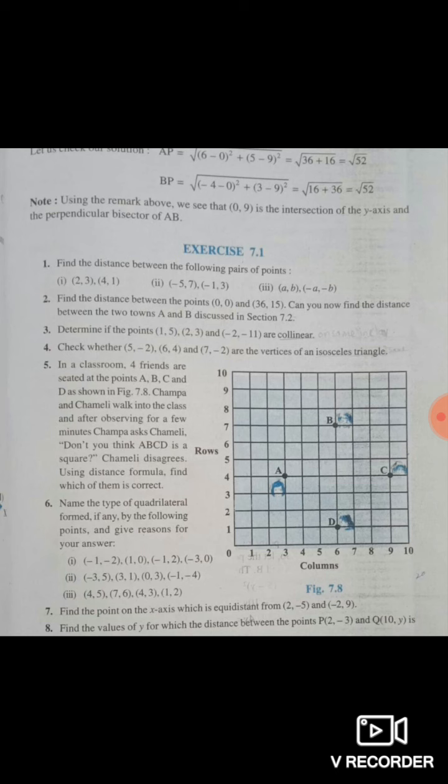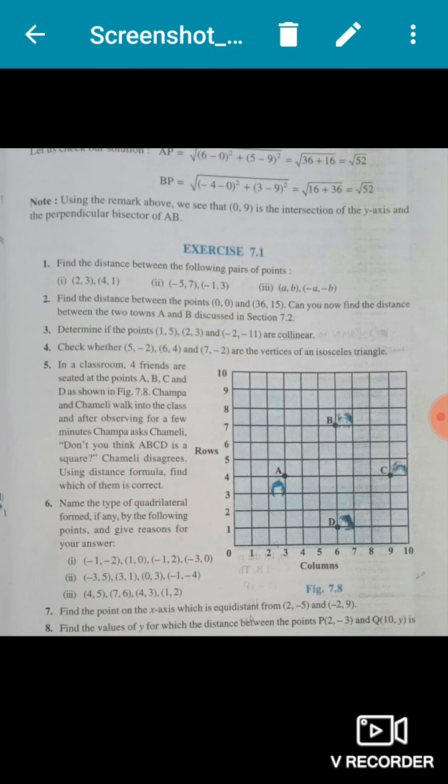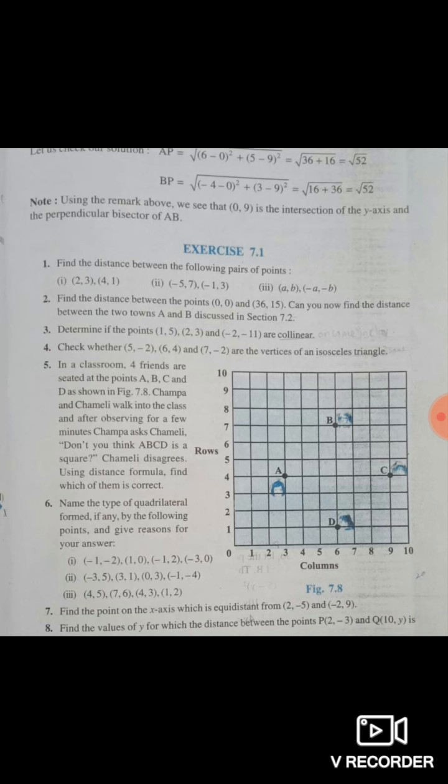And how do we have to check? 3 points are given, so 3 distances we can find. Like 3 points are A, B, C. So what 3 distances can we find? AB, BC and AC. In this way, 3 distances we can find, and we have to check whether the sum of any 2 distances is equal to the third distance or not.